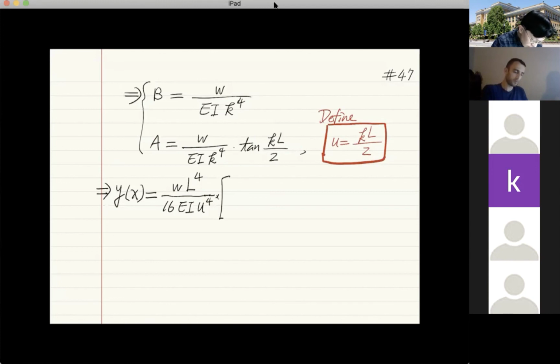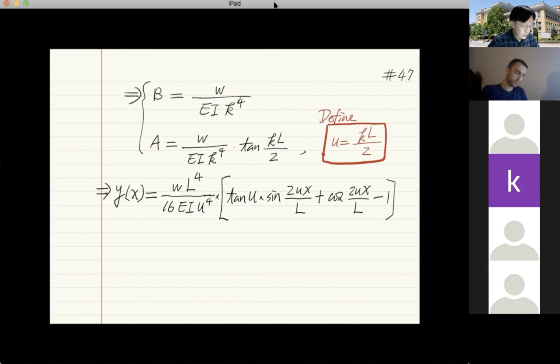So this whole thing times tangent U times sine 2U times x over L plus cosine 2U times x over capital L minus 1.